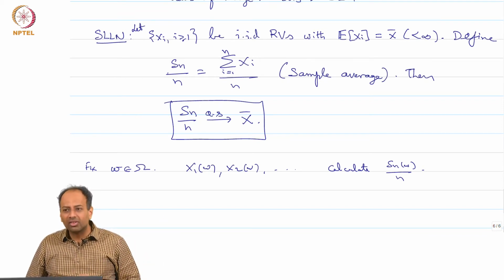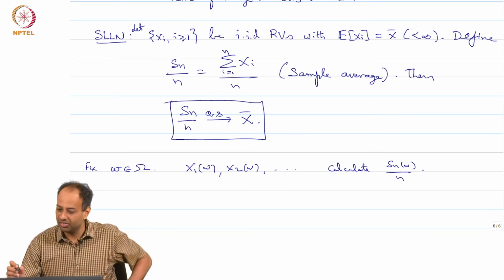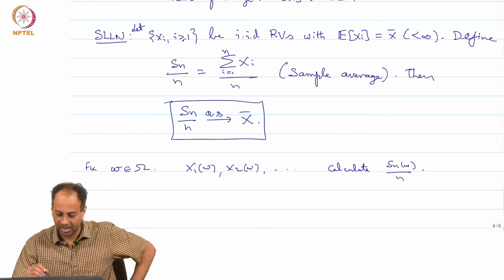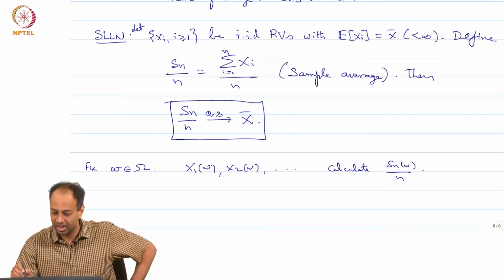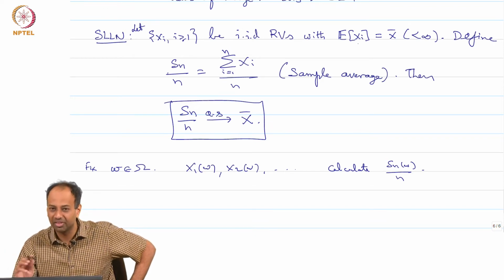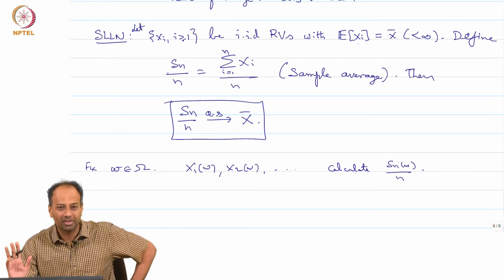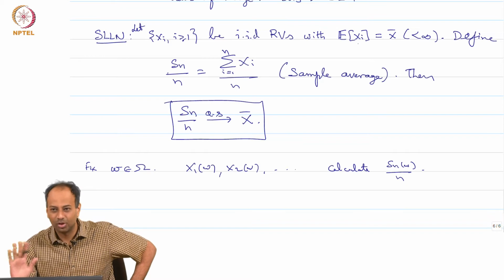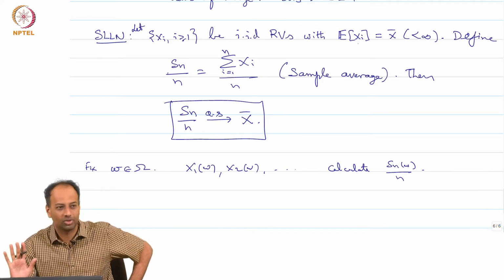Each of these xi's are IID, so the expected value of xi is some finite number, we are assuming. If it is infinity, this is not true. The expected value of a random variable can be infinite or even undefined, and in those cases the law of large numbers does not hold.